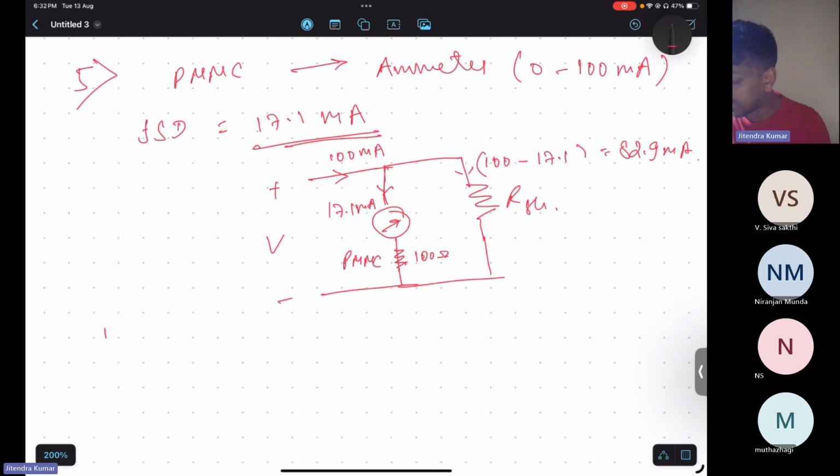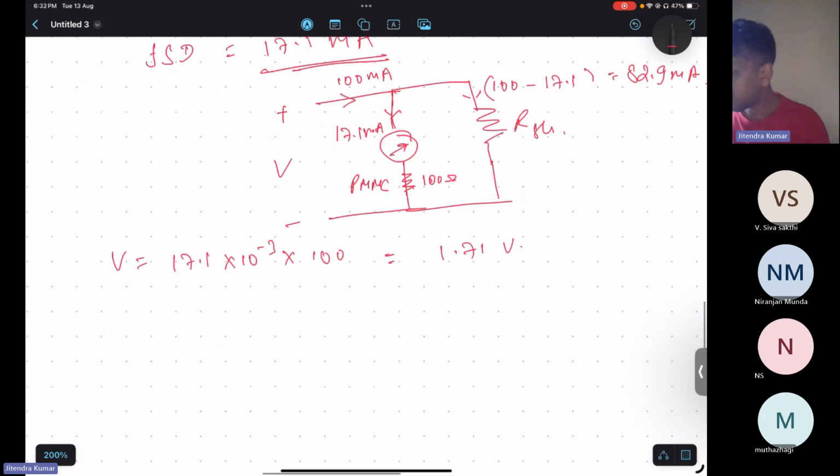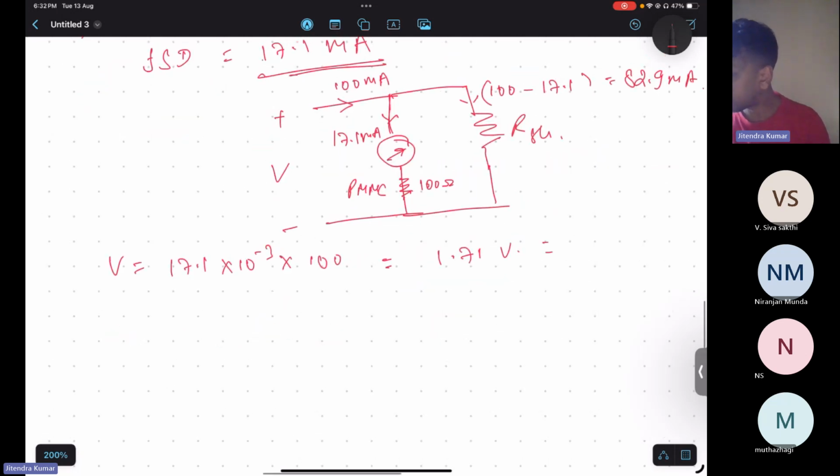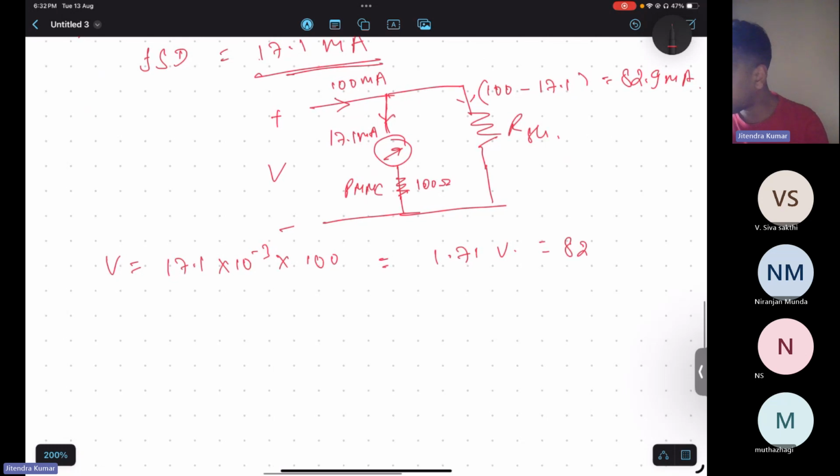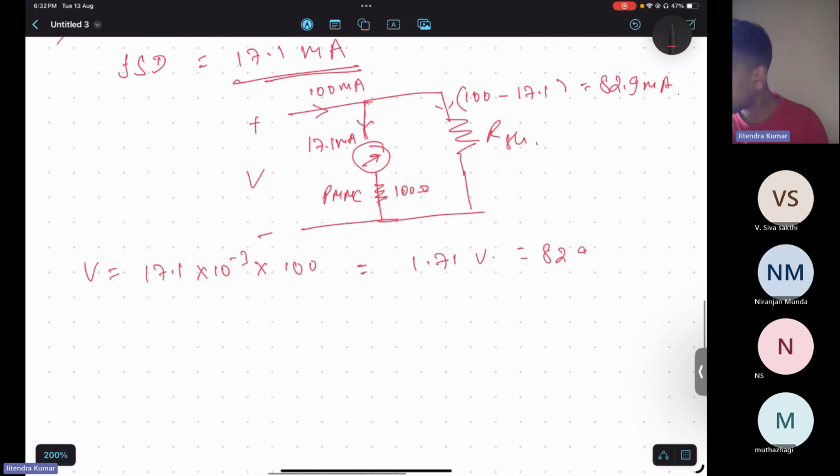So the voltage we can calculate directly, 17.1 into 10 to the power minus 3 into 100. It is a straightforward calculation. It should be 1.71 volt, right? And it should be this much current, 82.9 milliampere, into RSH.